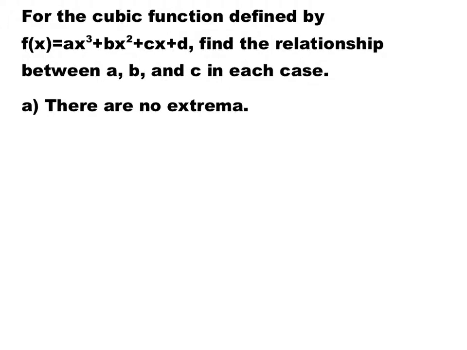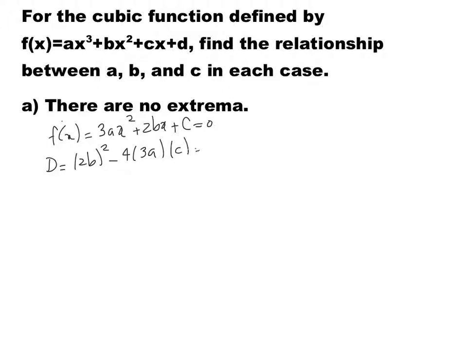So again, I'm going to find f prime of x, which is 3ax squared plus 2bx plus c equal to 0. Using the quadratic formula, I'm going to find the discriminant, which is 2b squared minus 4 times 3a times c, which is 4b squared minus 12ac.